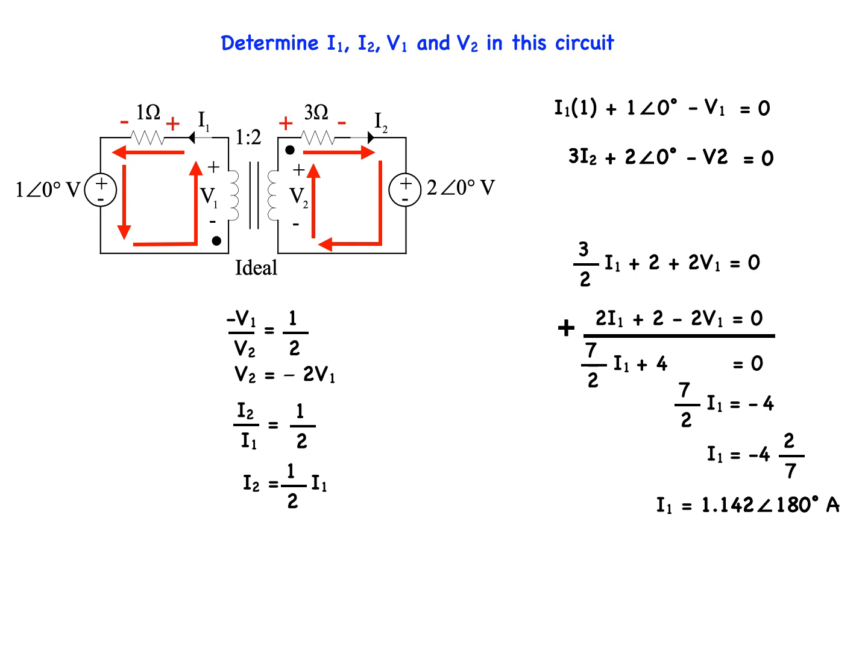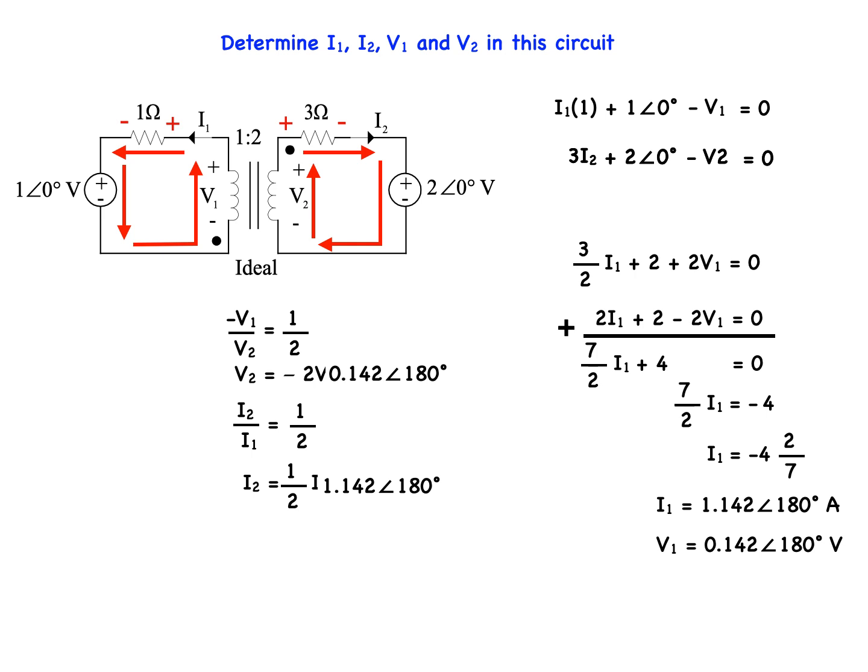We can now take I1 and substitute it into the other one of these two equations and solve for V1 and get V1 is equal to 0.142 at 180 degree volts. We can plug the values of I1 and V1 into our previous equations for I2 and V2.